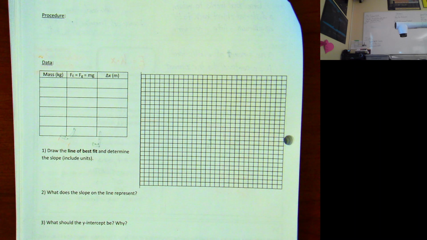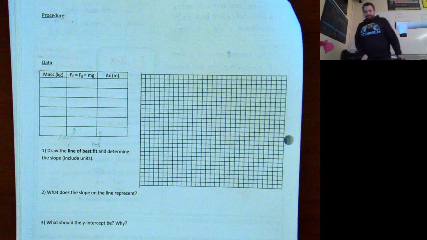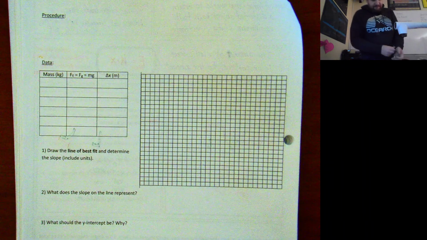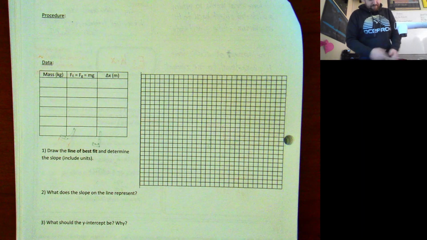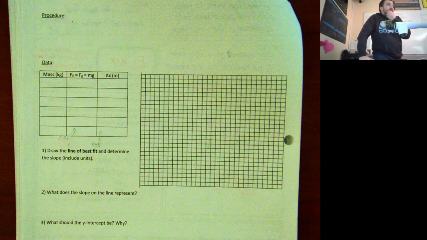You can do this in partners. We got more than enough equipment for you guys to be partnered for this. Make sure you grab a 20 Newton scale, the beige ones, not the 5 Newton scales, the bluish gray ones. As you're working, if you need a hand, let me know. Real quick, because I want you back here to do this.